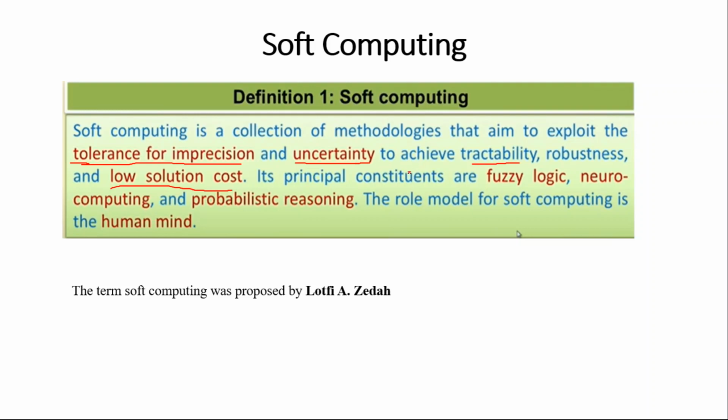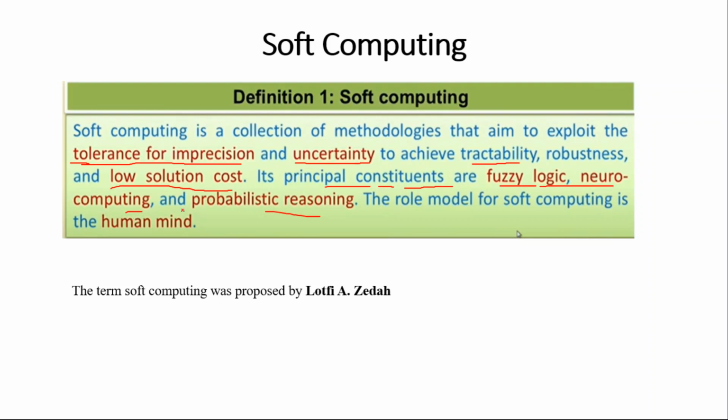The principal constituents of soft computing, or you can say the techniques or the various methods that are used in soft computing, are fuzzy logic, neurocomputing, and probabilistic reasoning. These are the key terms connected with soft computing.